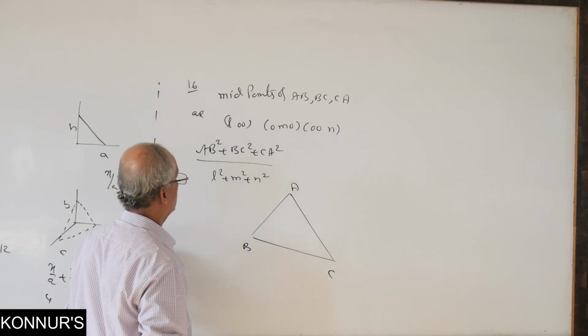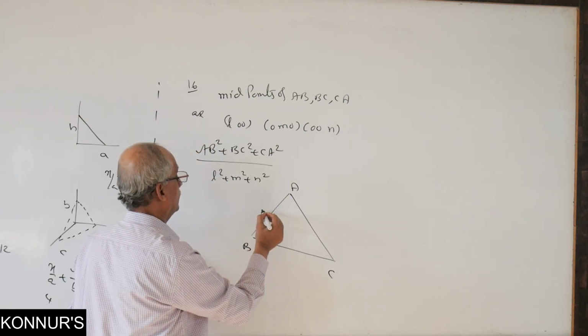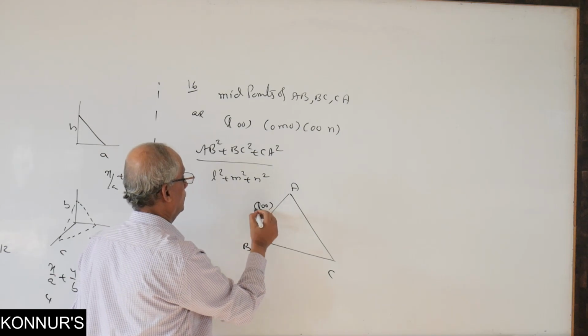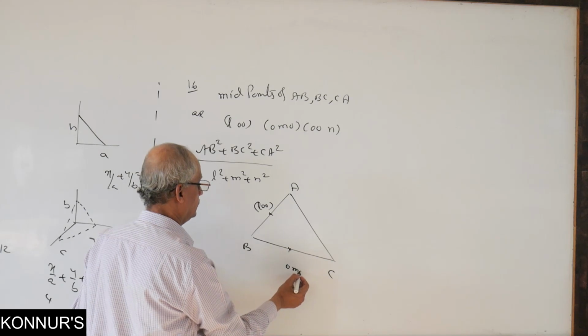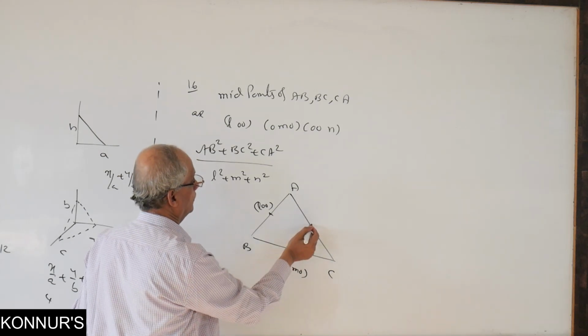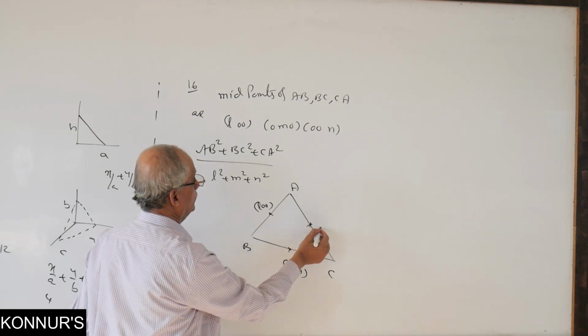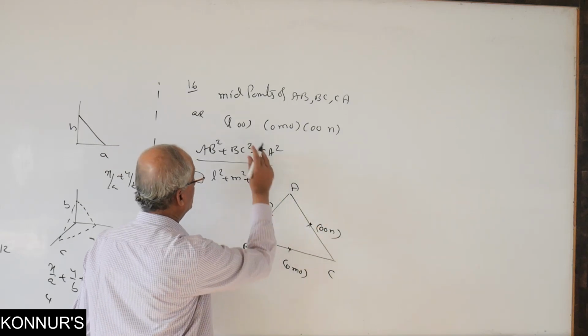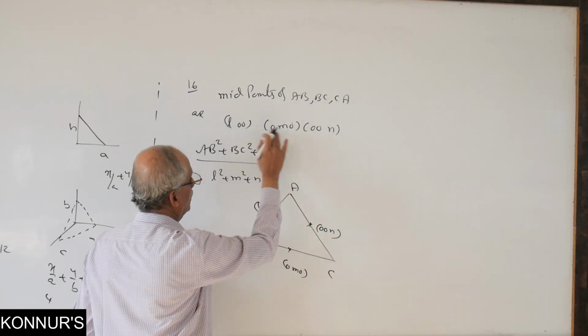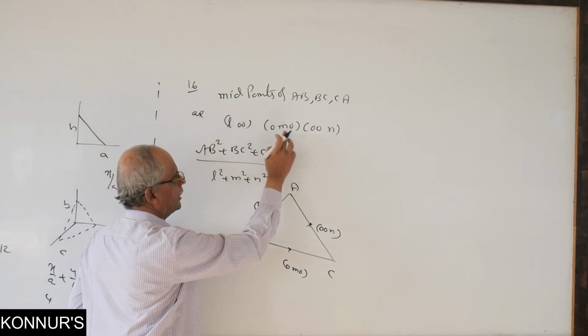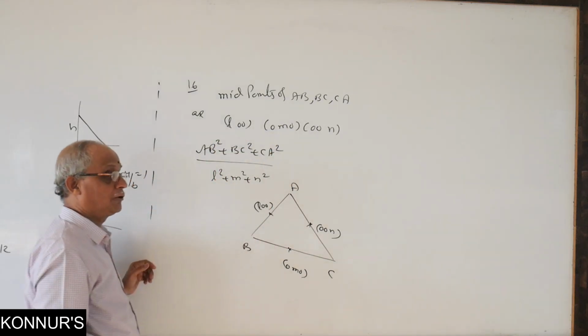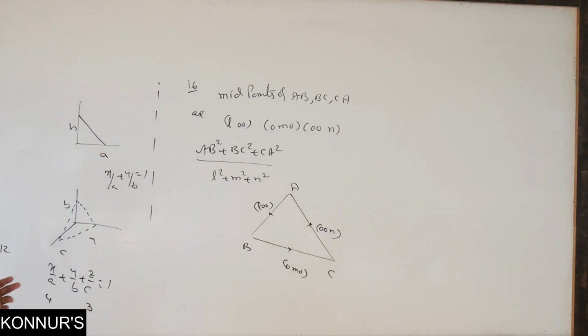AB midpoint is L, 0, 0. Next 0, M, 0. Next 0, 0, N. According to the coordinates, the midpoints are on the x-axis, y-axis, z-axis.